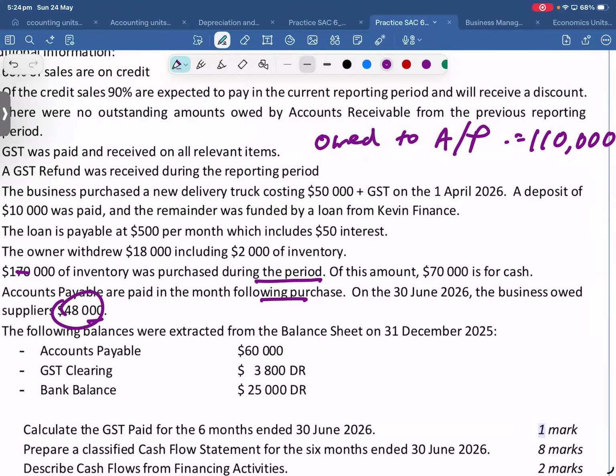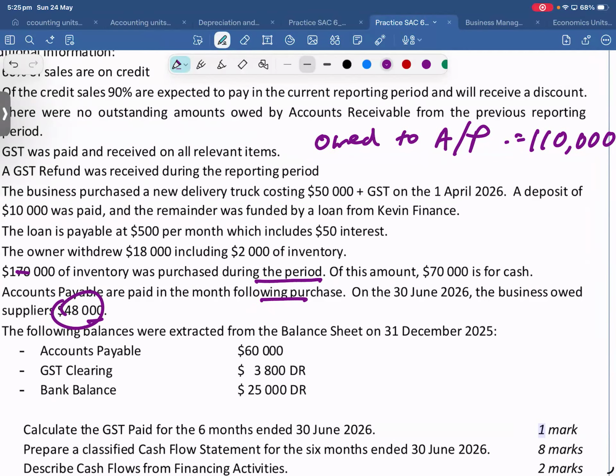So during these six months, the total amount that we owed for the purchase of inventory to accounts payable was 110K. Also, they are saying at the end of the period we owed them 48K. Of that, 48,000 is still being owed.